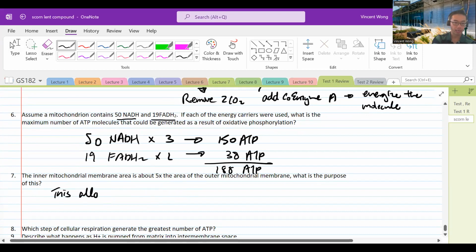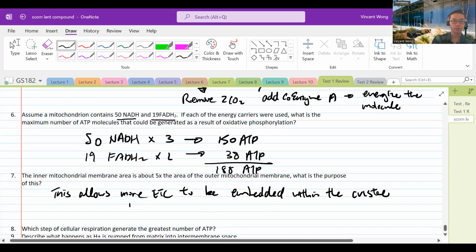This allows more electron transport chains to be embedded within the cristae. This will increase the amount of H plus pumped, which means you will increase ATP production.